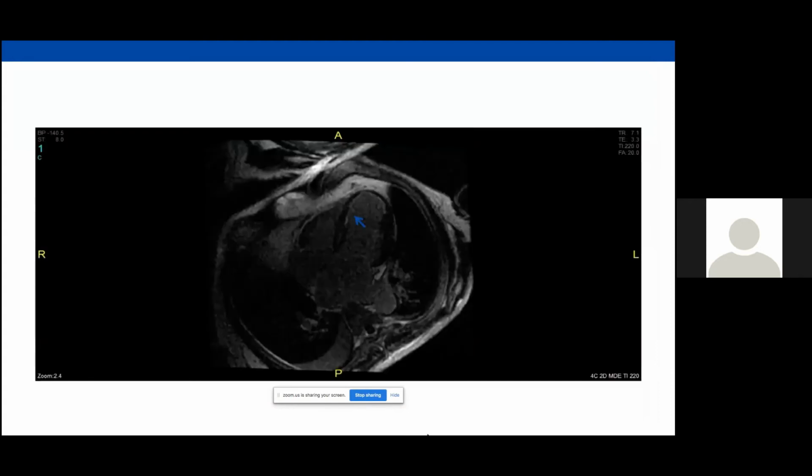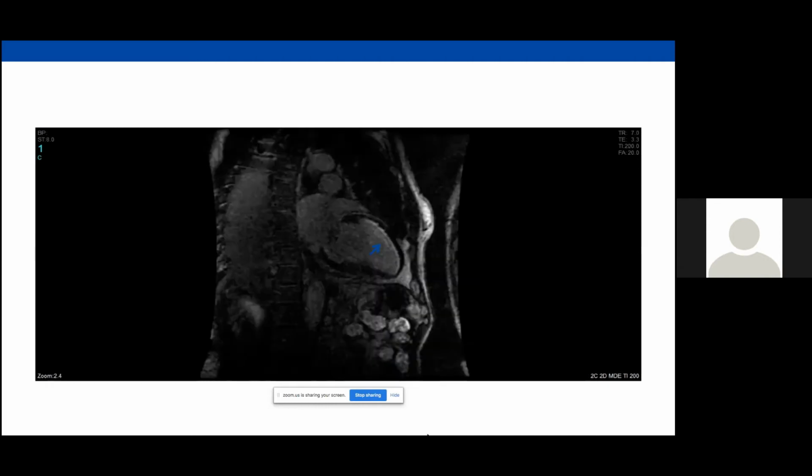This is again the signature sequence of late gadolinium enhancement, not the best examination, but we can see a bit of enhancement that involves the septal wall and the apical segment, and we can agree that the scar thickness is less than 50%.